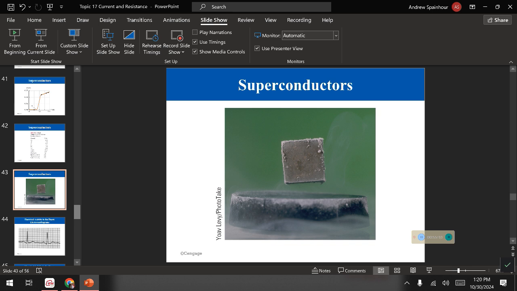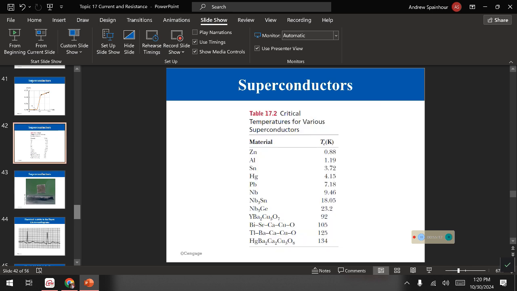So a superconductor is a material that, if you drop it to a particular temperature, has no resistance, and this is more application long term. This right here is a page of the critical temperature of most materials. And notice that all of them are in Kelvin. So your zinc, aluminum, mercury, lead, and so on. I can't remember what that one is off the top of my head either. But the best you can do is like 18, okay? You get these crazy chains down here that they're working on.